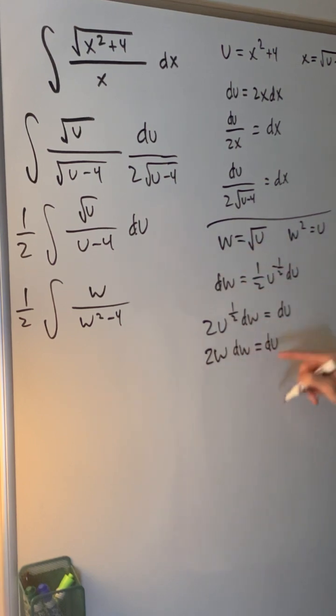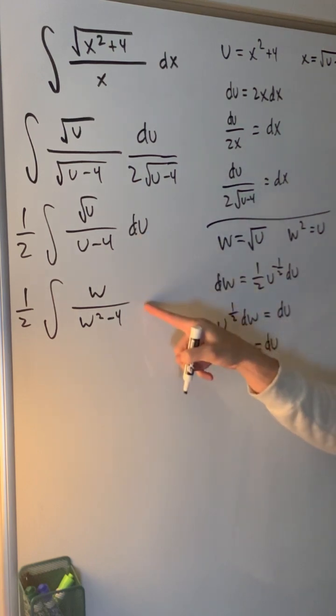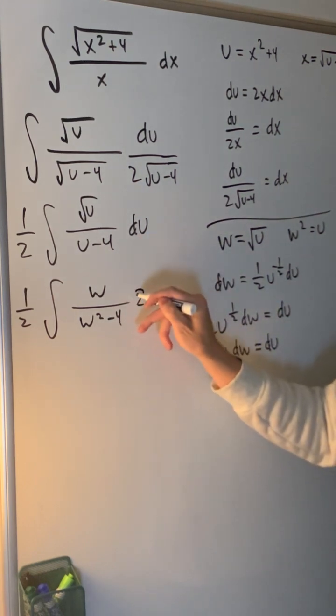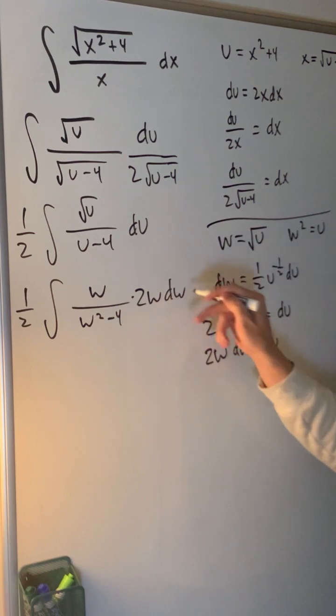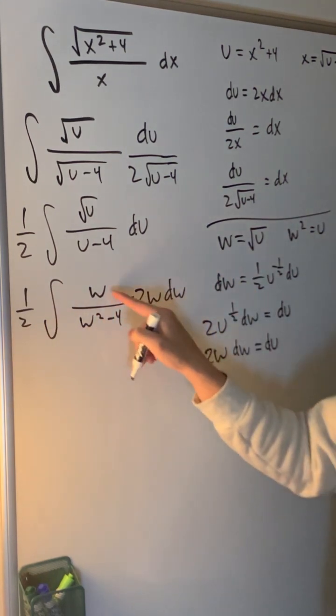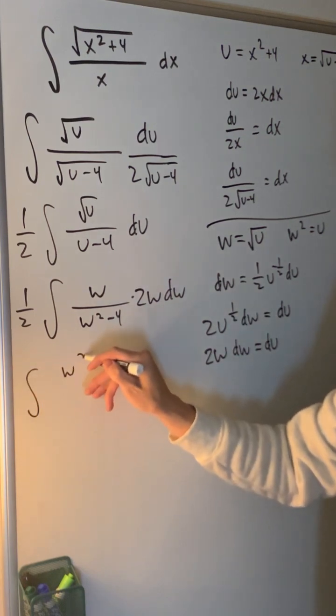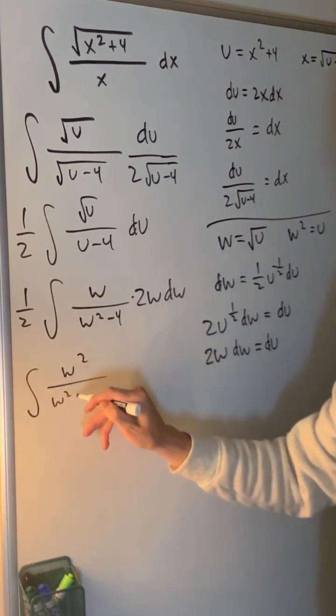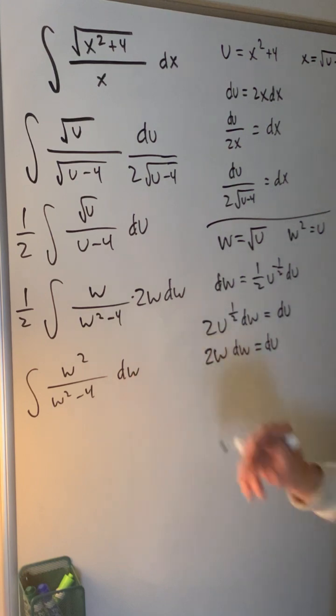And all that's going to replace du, which is right there. So this would be like a 2w dw. And this 2 knocks out the half. That w becomes w squared over w squared minus 4 dw.